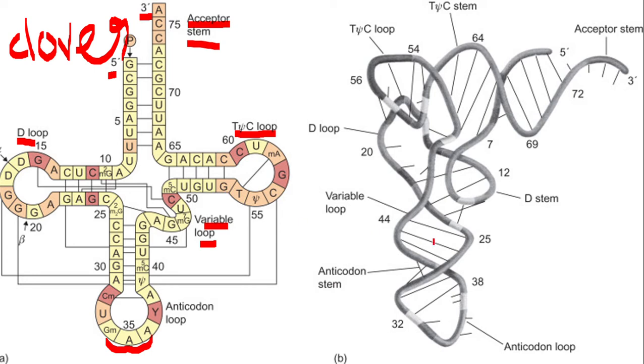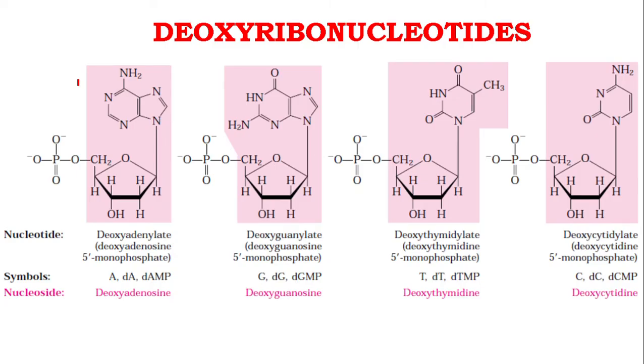This is the 3-dimensional structure of this tRNA molecule. You should learn this also. You need to learn that the tRNA structure is L-shaped, while this is clover leaf-like structure.